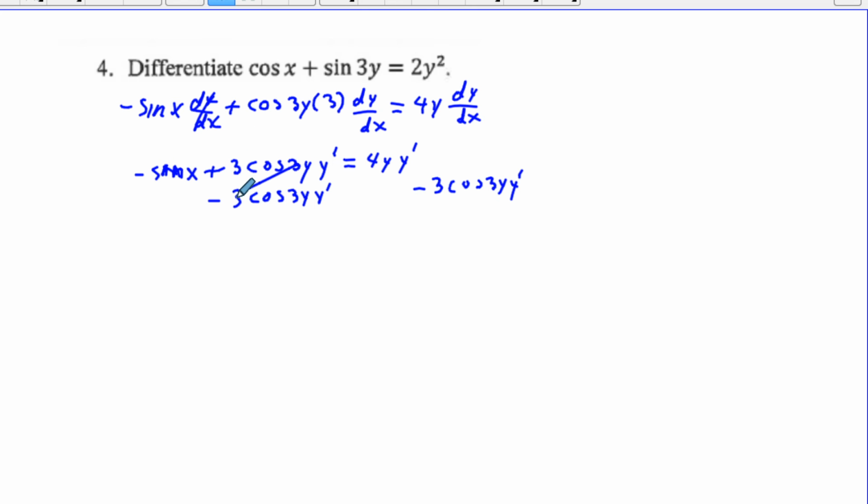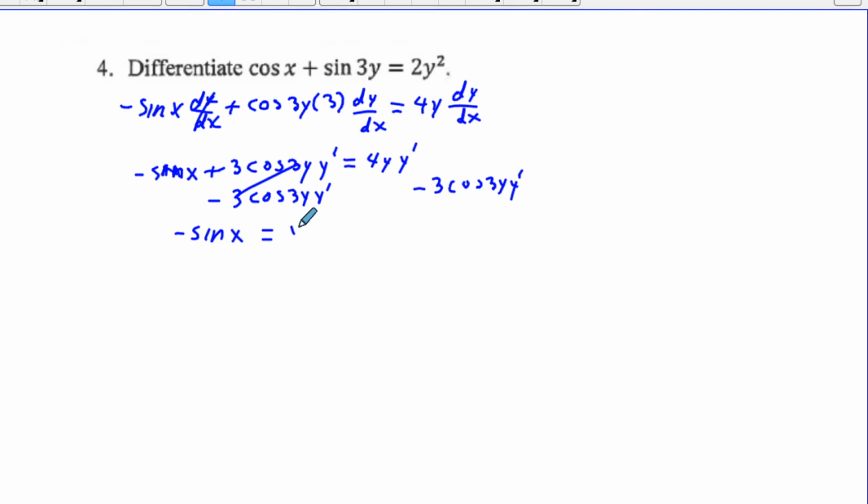And so these will cancel. So on the left side we have negative sine x, and on the right side we have this 4y y prime minus 3 cosine 3y y prime.